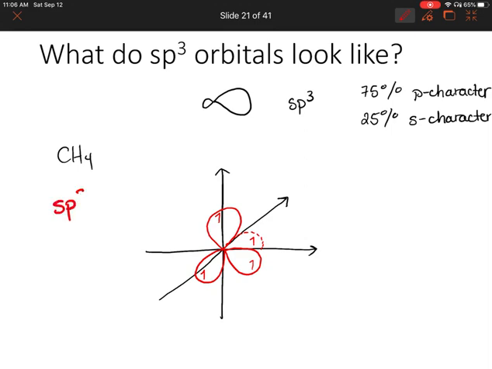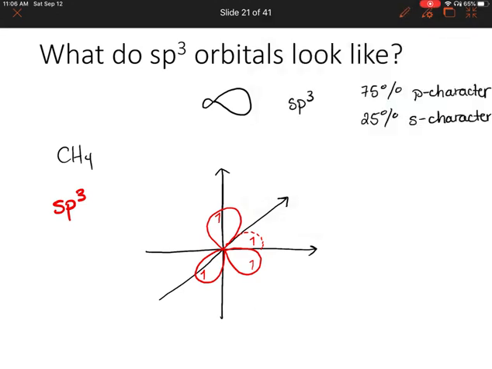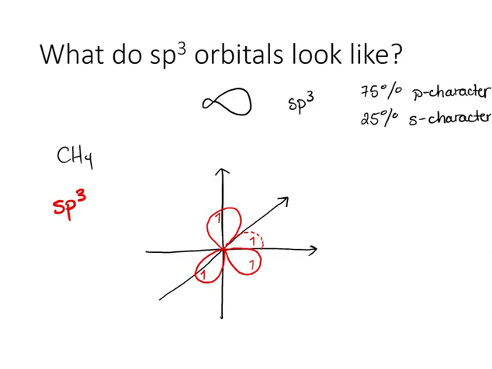So red is sp3. And then we have our 4 hydrogen atoms in methane, and each of those has 1 electron in a 1s orbital. So we're going to start making some bonds and pairing up some electrons. And they have to have opposite spin.